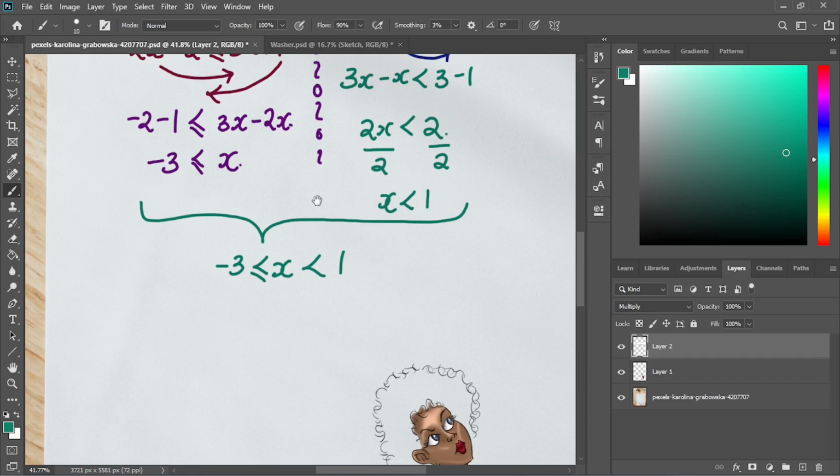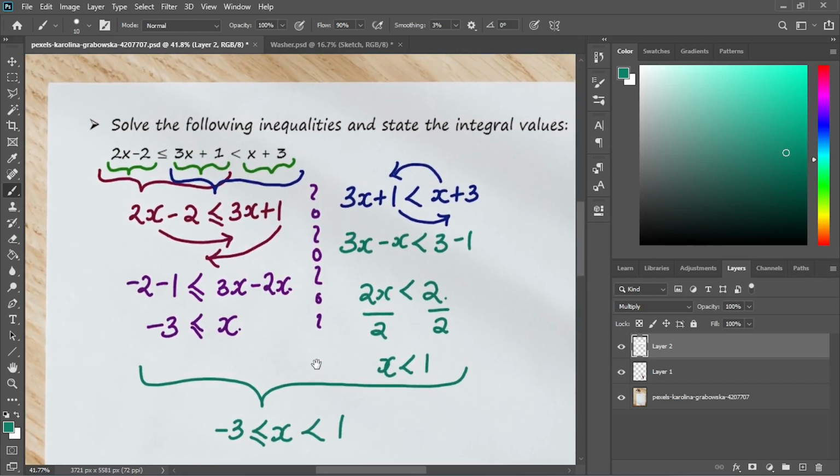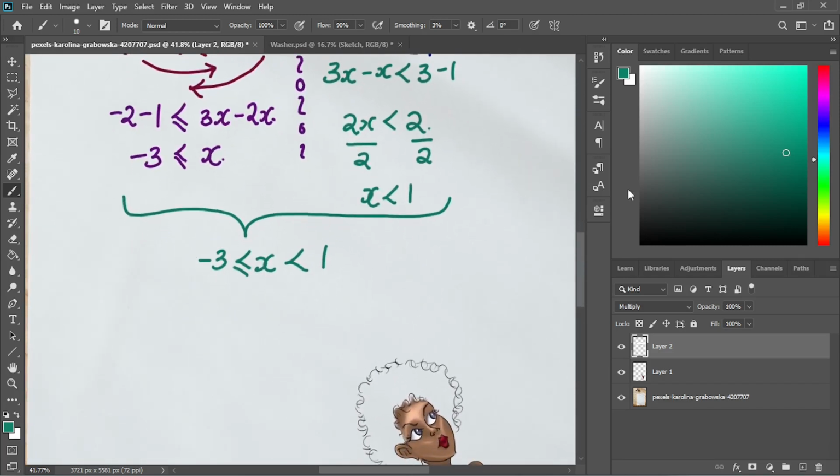So that will be the answer, but they have told us to state the integral values. Integral values are those integers that satisfy this particular condition. So we need to give all the values which are greater or equal to negative 3 but less than 1. And those numbers are going to be negative 3 itself because there's an equal sign.